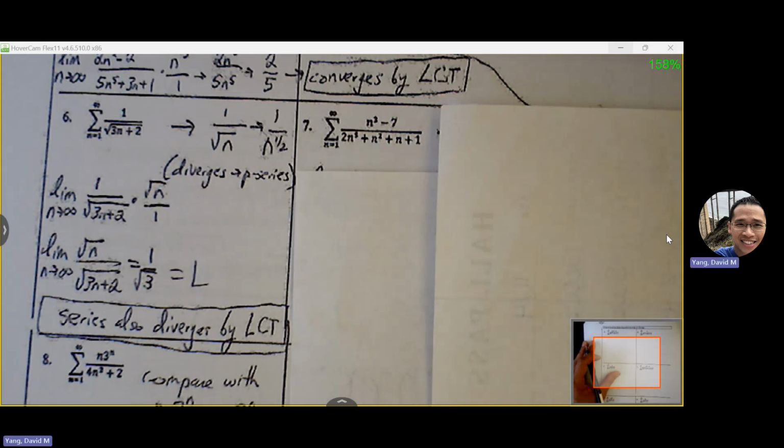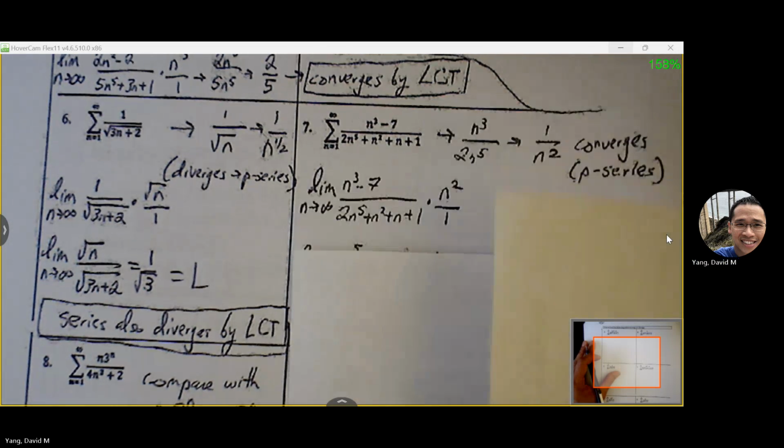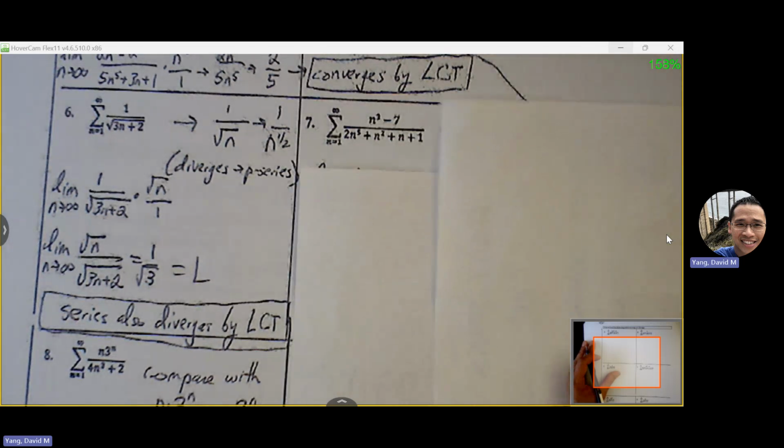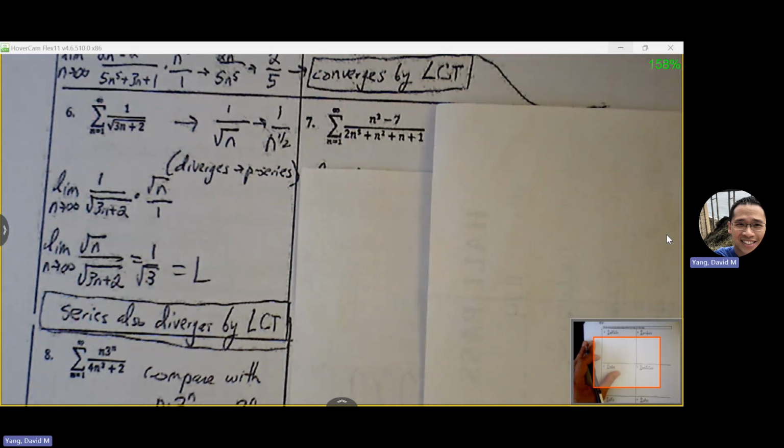All right, try number 7. Number 8's a little strange, so I'll go over number 8 with you, but I think you can try number 7. That's n cubed above, and n to the 5th below.